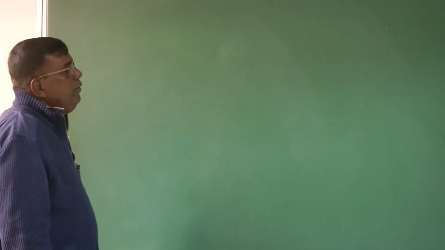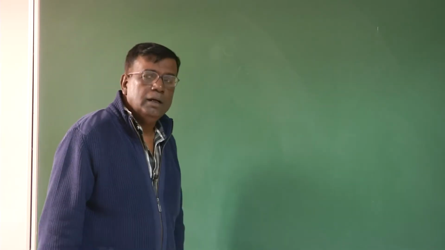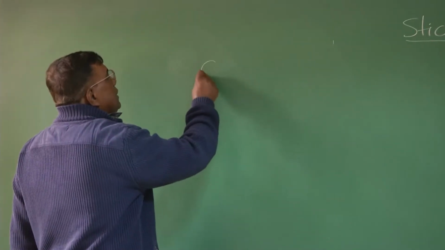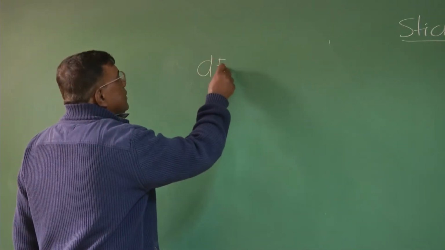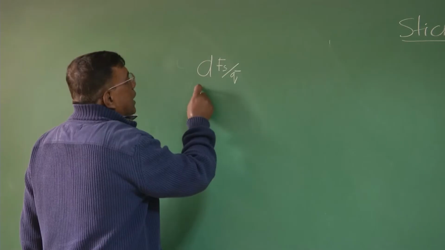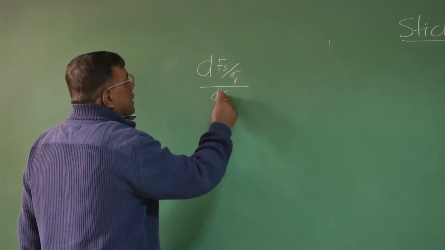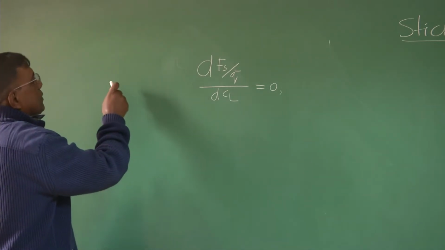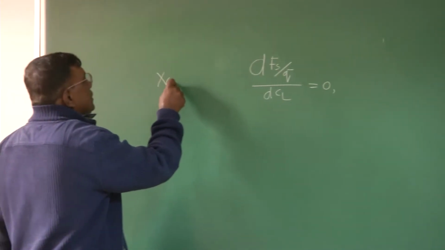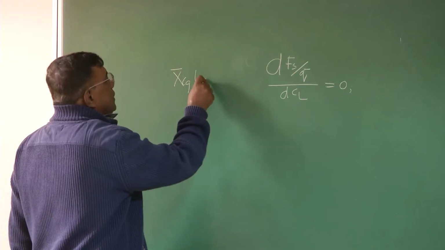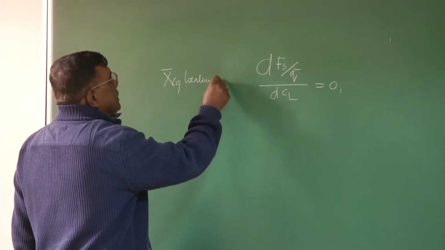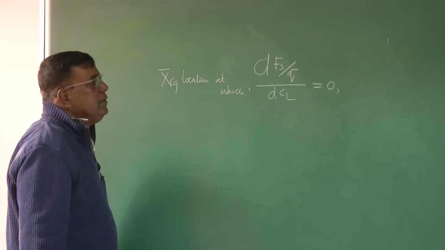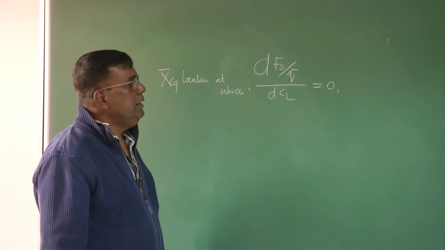If you see the expression for stick force, you have to again refer to my lectures or any textbook. From there, you can easily see that the stick-free neutral point is defined as the xCG location at which dFs by Q bar, where Q bar is the dynamic pressure, by dCL is equal to 0.